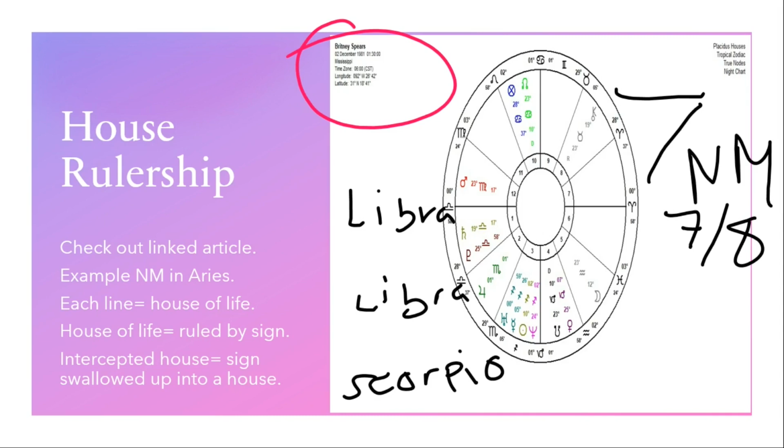So say for example, we had a new moon in Aries at 5 degrees. If we look on Brittany's chart, we can see house 7 starts at 0 degrees of Aries. So we obviously know then that if that 5 degree Aries new moon is going to fall in her 7th house.